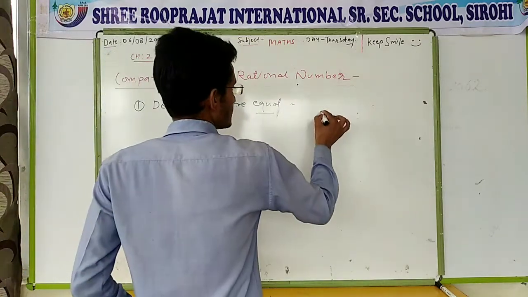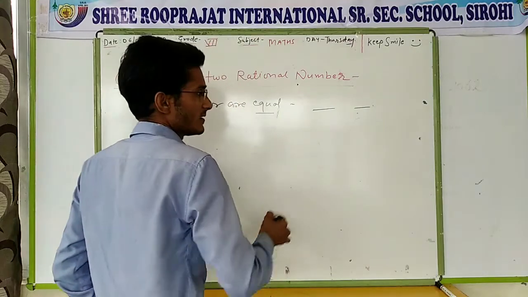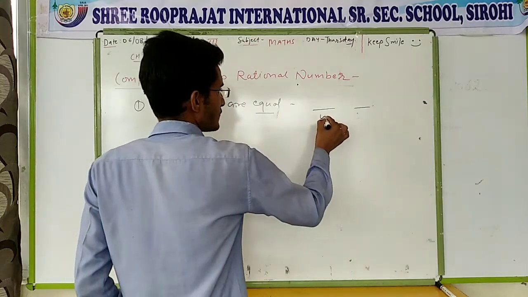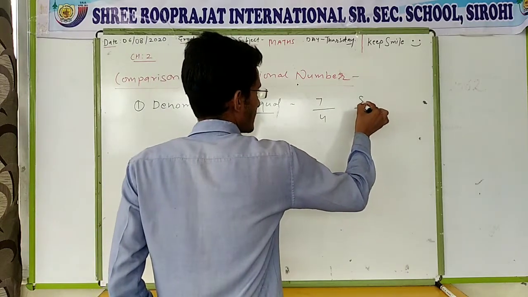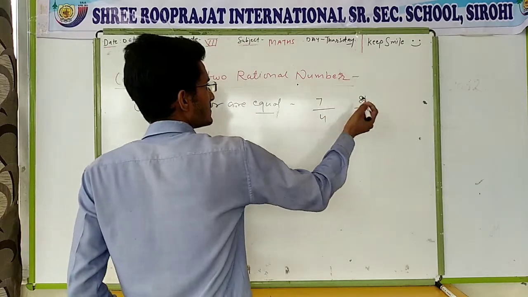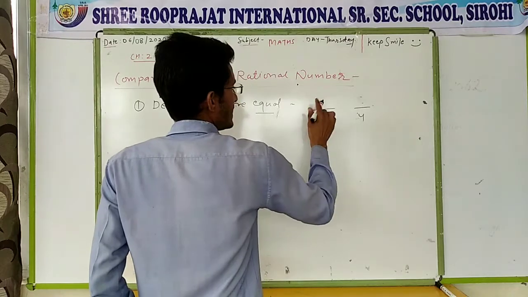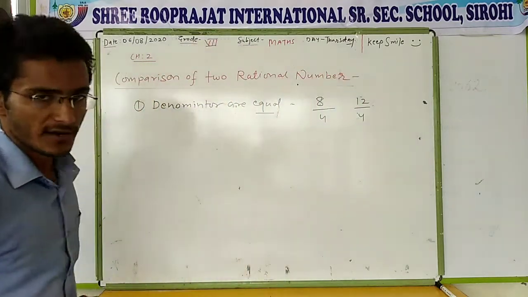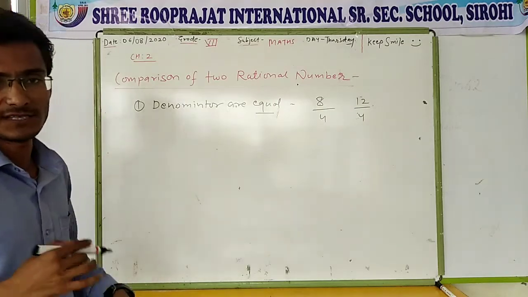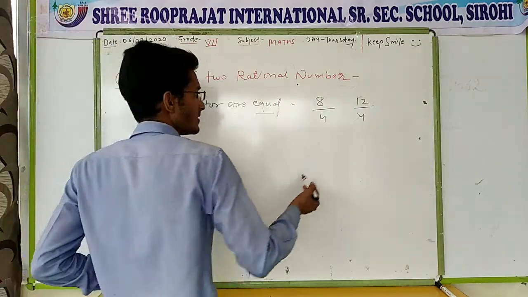How? Let's see. Suppose there are two rational numbers with the same denominator. Suppose 4 and 4, and here is 7 and here is 8. Which one will be greater? Or suppose I change it. It is 8 and it is 12. If the denominators are equal, then the number which has a greater numerator will be greater.